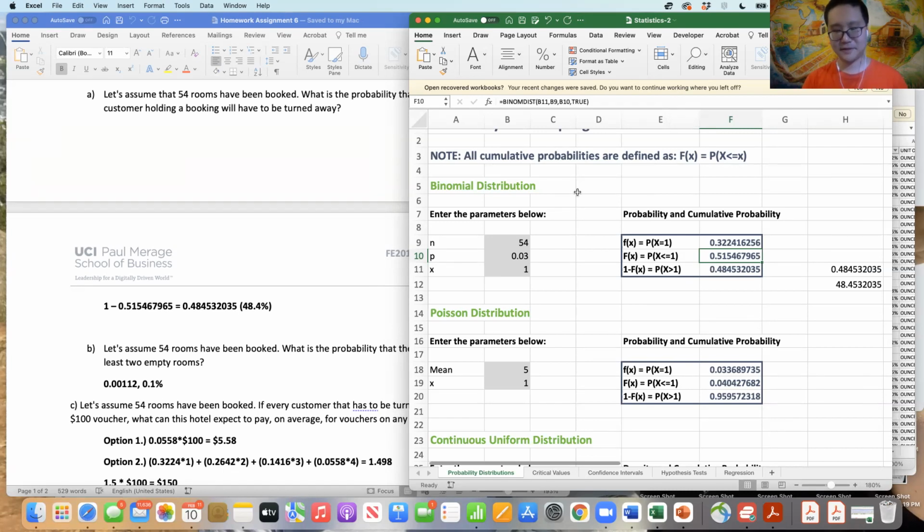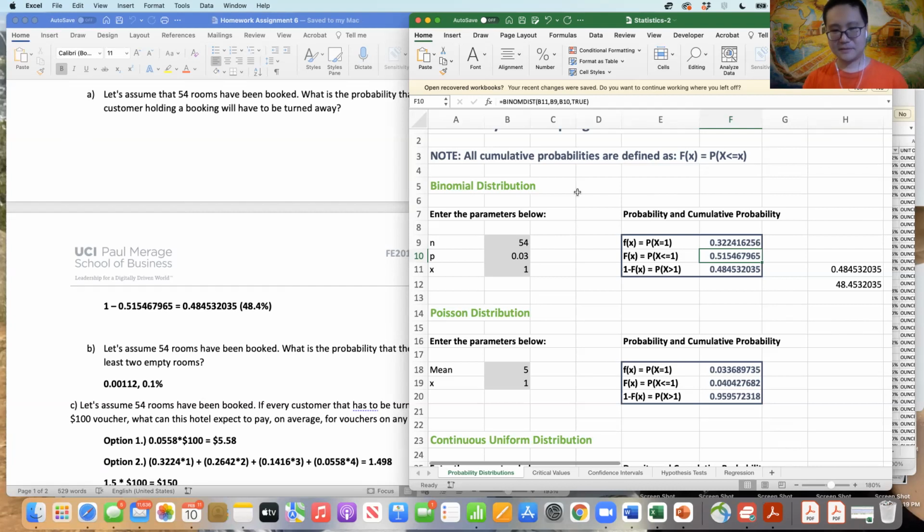These are two different things. So if we want to find that at least one person does not have a room, that means all the 50 rooms are booked. Do you all agree? Yes. Excellent.